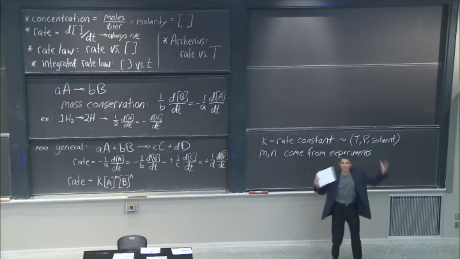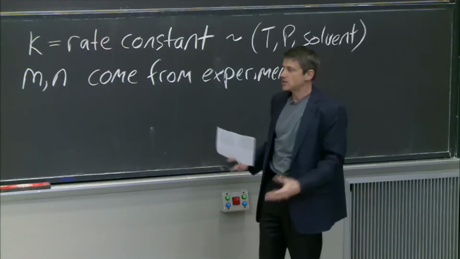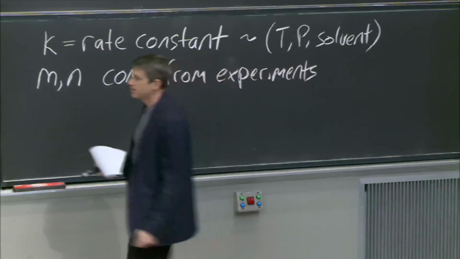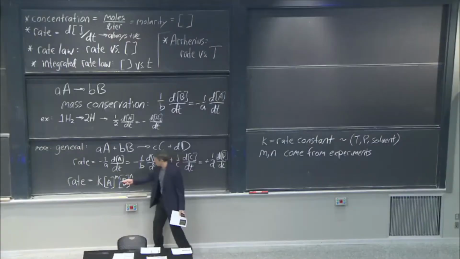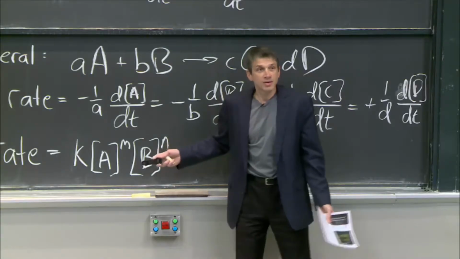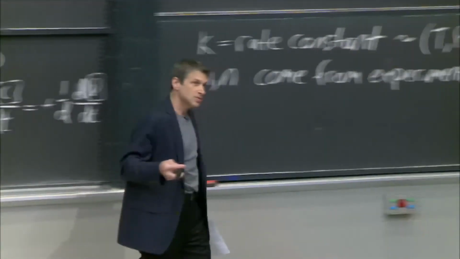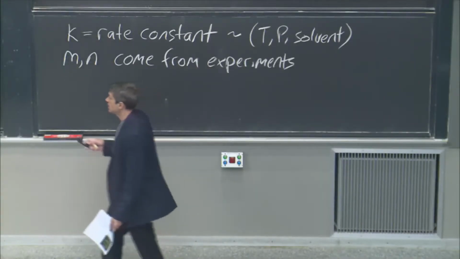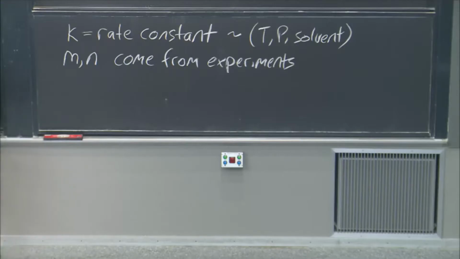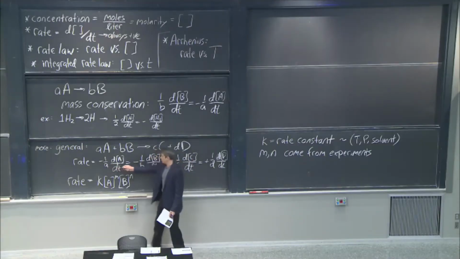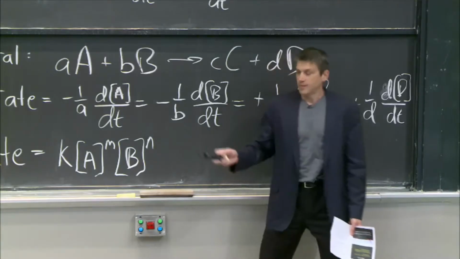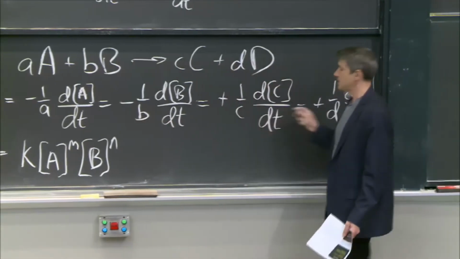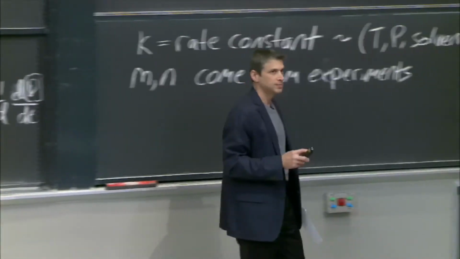I've created a function that the rate of this reaction depends on. I've put these exponents in there, and I'm looking for the dependence on M and N. And the only way to know that is to do experiments. You can't just get that from the way the reaction is written. You can get mass conservation and the relationship between rates, those are all the same.